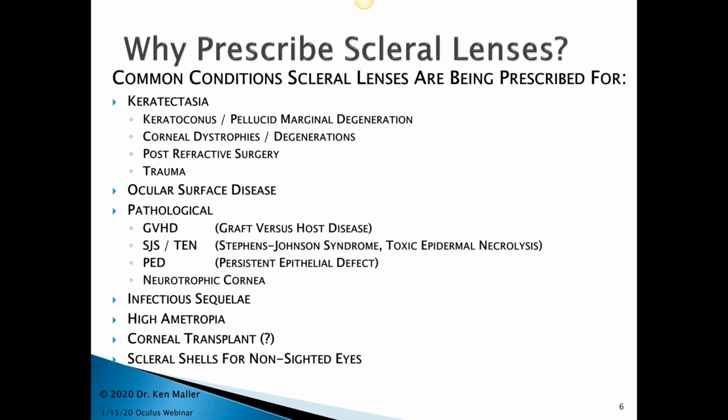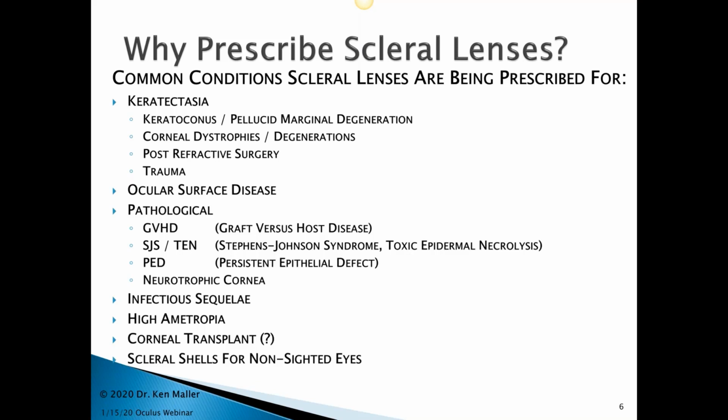Today, what are some of the most common conditions scleral lenses are being prescribed for? Keratoconus certainly reigns supreme right now, with keratoconus and pellucid being the top of the market share. You can also see some of the dystrophies and degenerations. Post-refractive surgical patients can benefit from these, as well as ocular trauma cases.